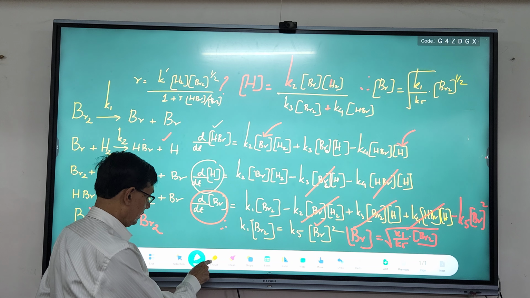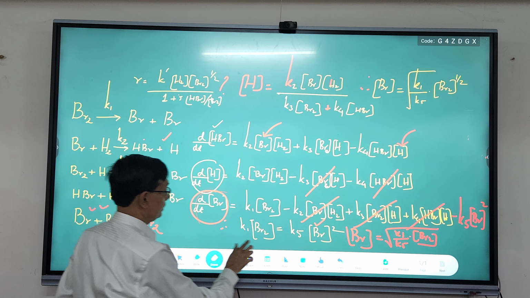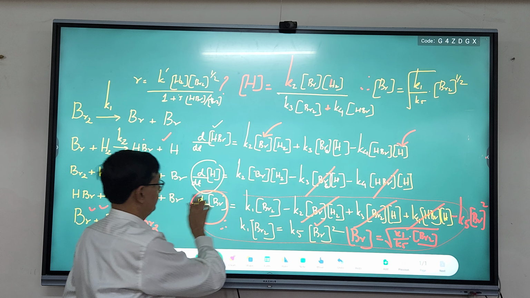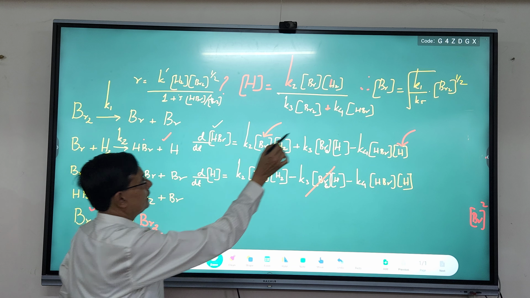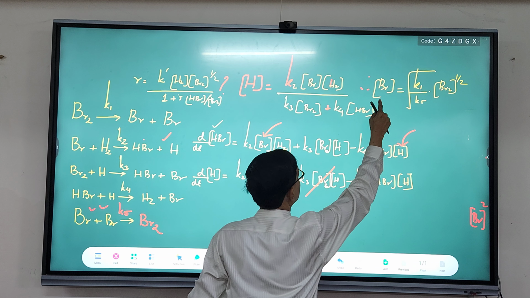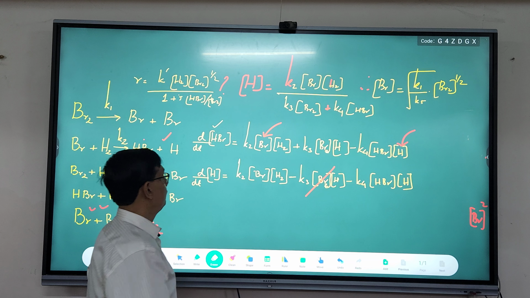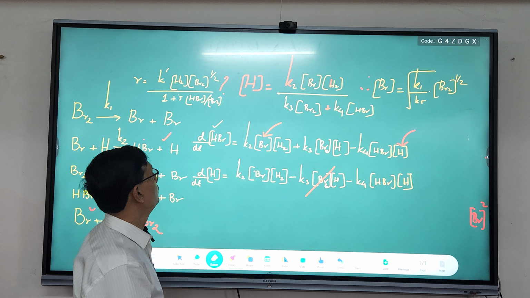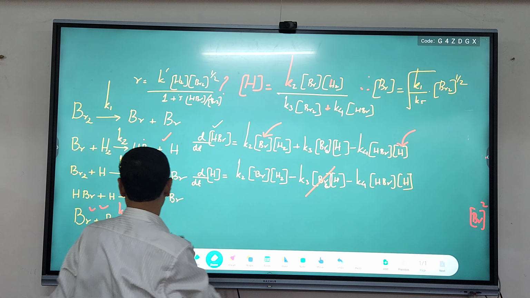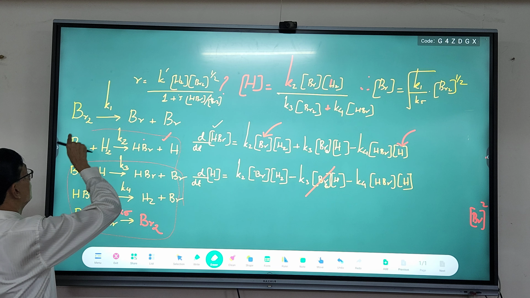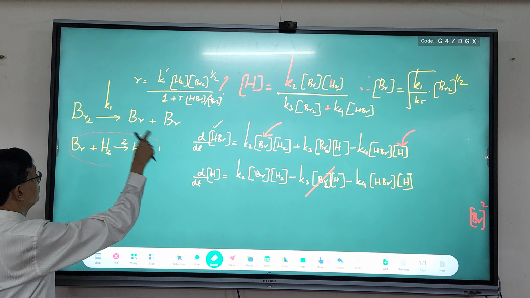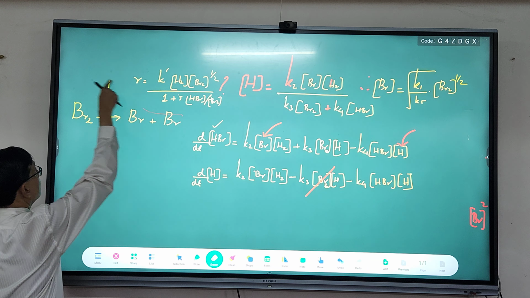So I can now erase this part. Now we have hydrogen as well as Br, so I can substitute the value of Br in this equation. But before that, I can rub this part also. We don't need this.